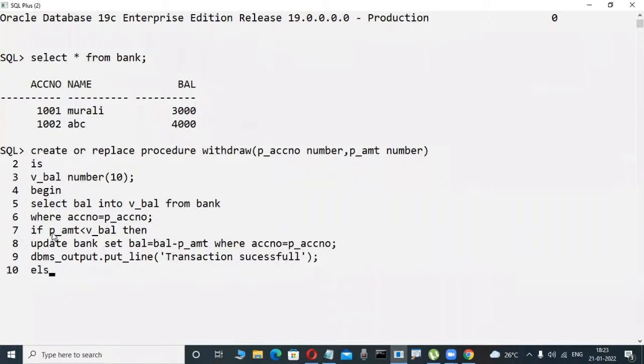Else, simple coding. Some coding is there. And now check it out, else insufficient funds. Okay, some coding is there. This is not difficult coding, take it easy.